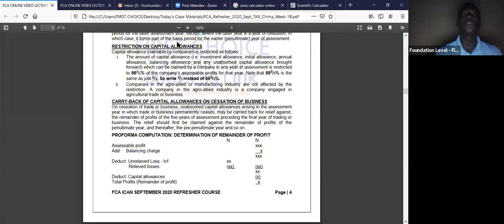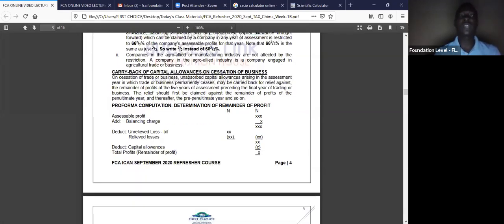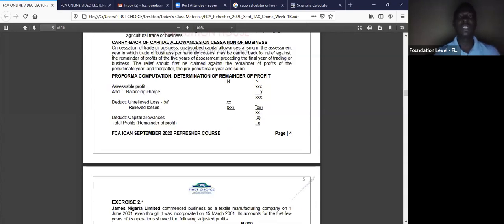That is, if you have more capital allowance to claim than your accessible profit can carry, they can allow you to take all your accessible profit as your capital allowance. So that 2/3 will not apply. Now, there is what we call carryback of capital allowances on cessation. Like I said before, the government are more ready to help businesses during the startup and especially give them an easy landing during cessation.